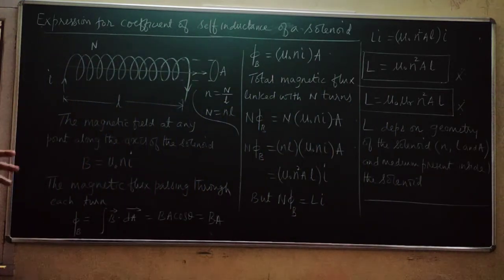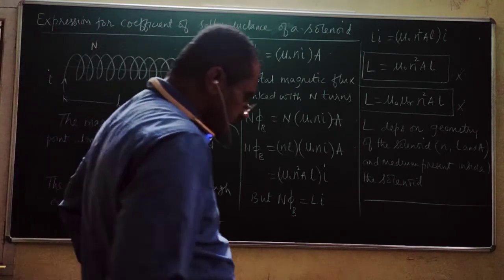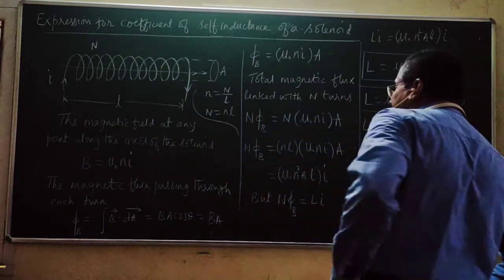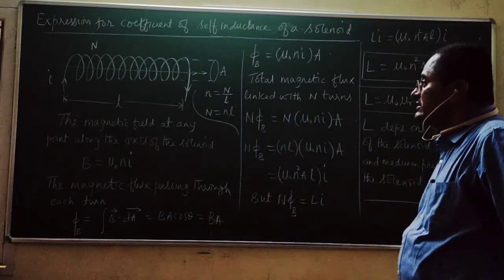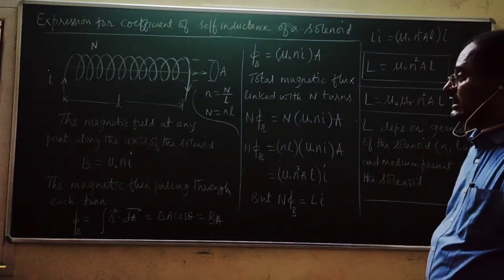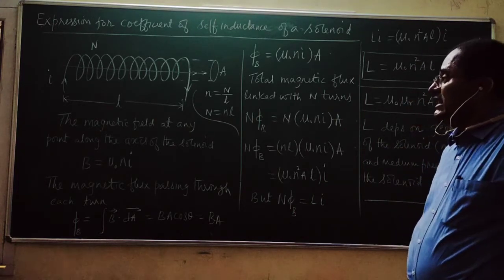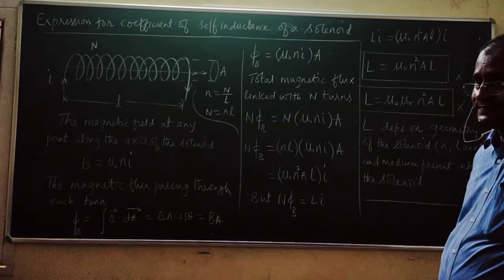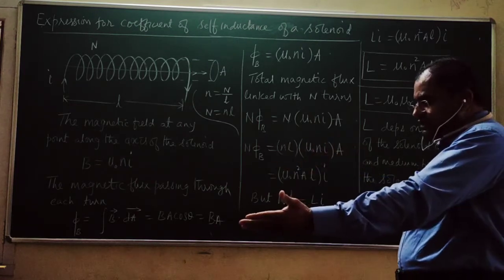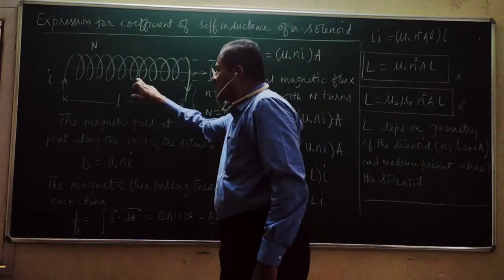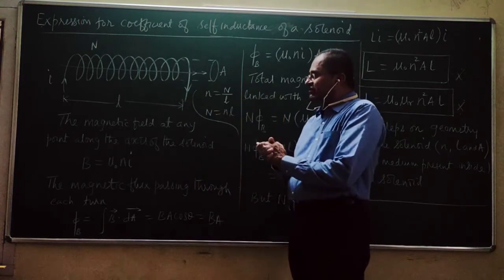Sir, we have derived an expression for the coefficient of self-inductance of a solenoid. As I said, I have taken a solenoid of length L, area of cross section A, having n turns per unit length. I is the current flowing through the solenoid. In unit 2, you will study that whenever current flows through the solenoid, it will produce a magnetic field.